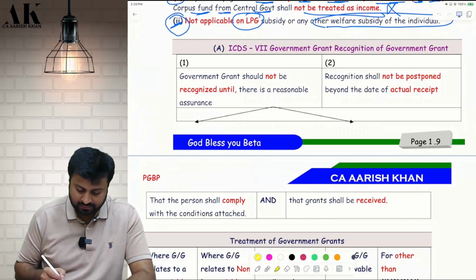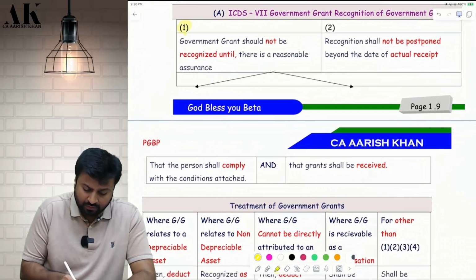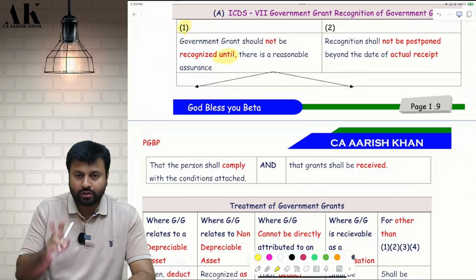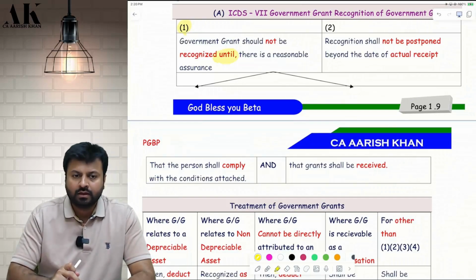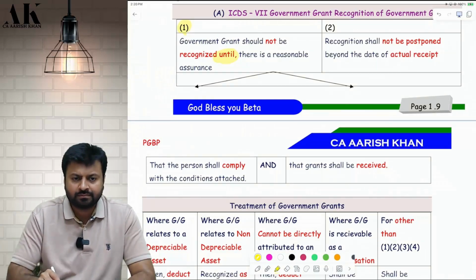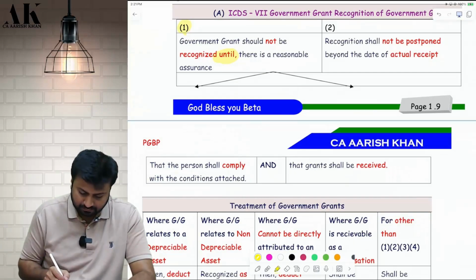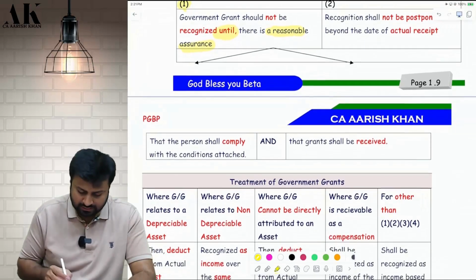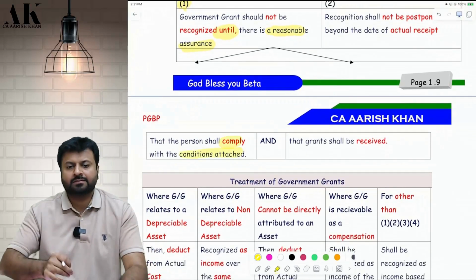Pay attention, please. Point number 1 over here says that government grant should not be recognized until two conditions are fulfilled. If two conditions are fulfilled, you recognize the government grant and pay the tax. First, until you have a reasonable assurance that you will comply with the conditions attached.